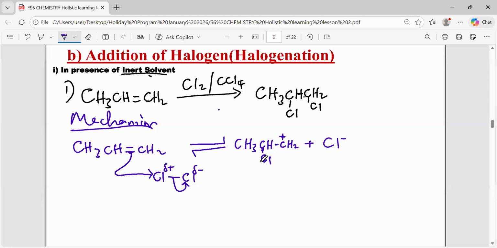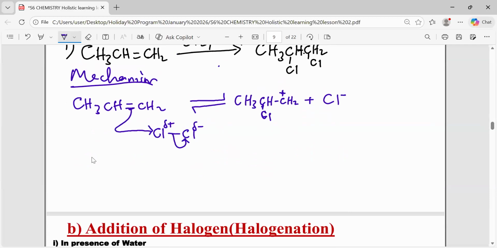Then we finally move. I saw you do it in the previous one, though I don't have it here, but let me use the method I know. The next arrow goes straight down, vertical. It gives us a vicinal dihalide. So we'll have that chlorine, then the chloride ion attached to where the carbon atom is positively charged.